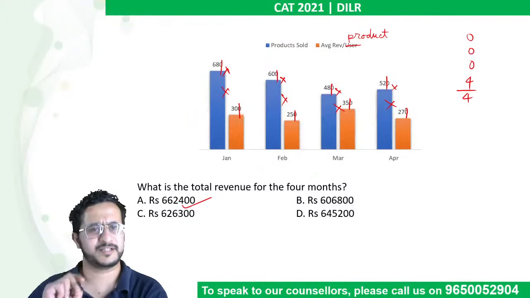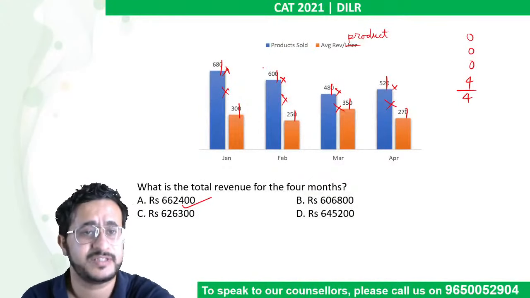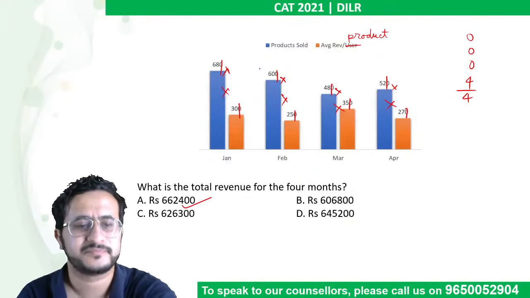One is last digit. Another cool thing, which you have to be vigilant about: see, what are all these numbers?